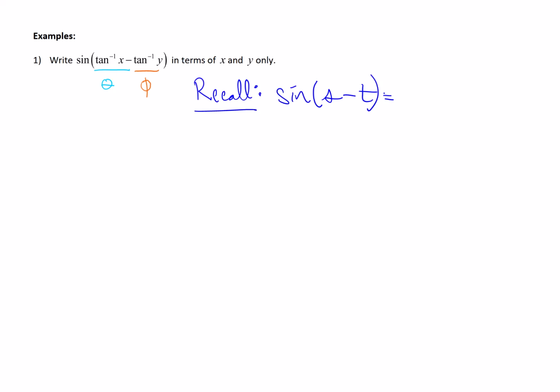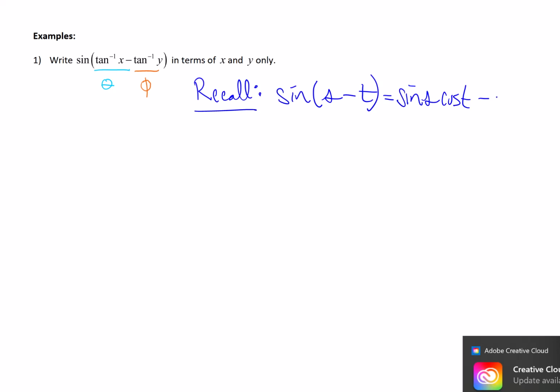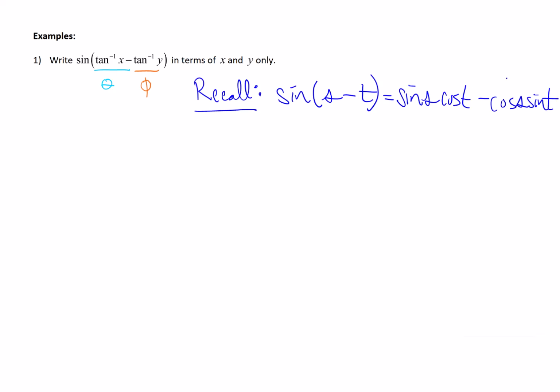That means the sine of s minus t is really the sine of s times the cosine of t minus the cosine of s times the sine of t. This identity will help us understand the one we're working with in this problem, because it's actually the sine of a subtraction, which is what the formula we just recalled will help us unpack.